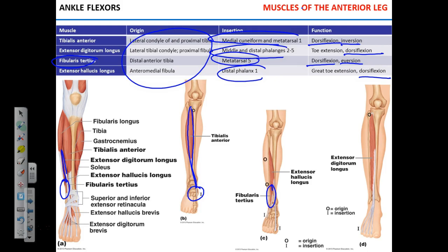Tibialis anterior, with its tendon inserted on the medial side, will do inversion. Fibularis tertius, with its tendon inserted on the lateral side, will do eversion.